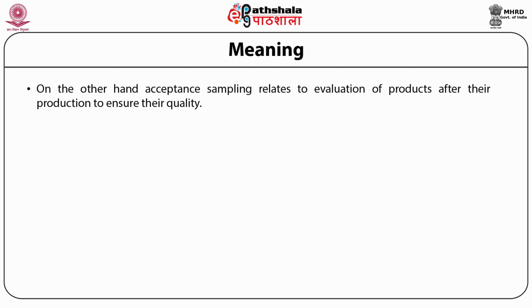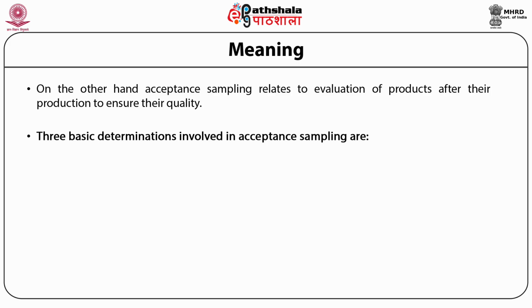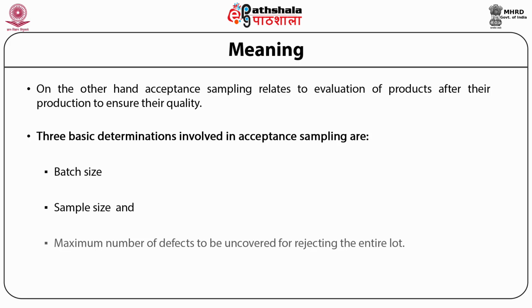On the other hand, acceptance sampling relates to evaluation of products after their production to ensure their quality. Three basic determinations involved in acceptance sampling are batch size, sample size, and the maximum number of defects to be uncovered for rejecting the entire lot.